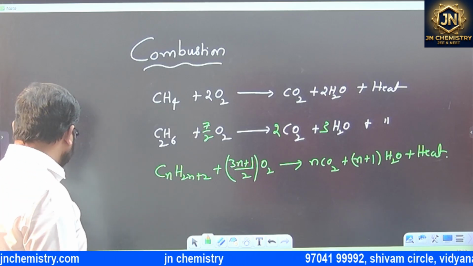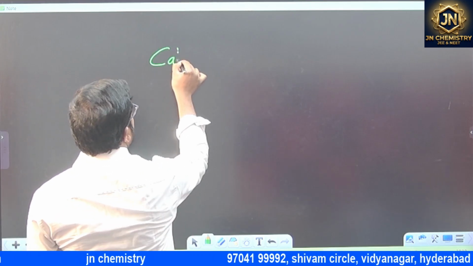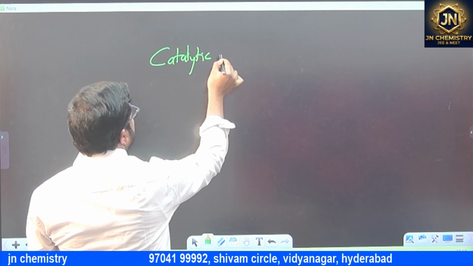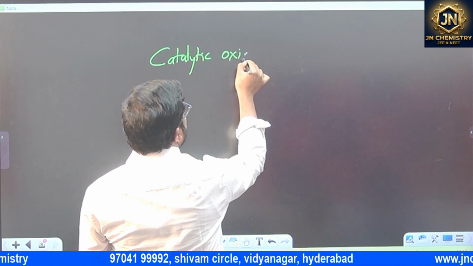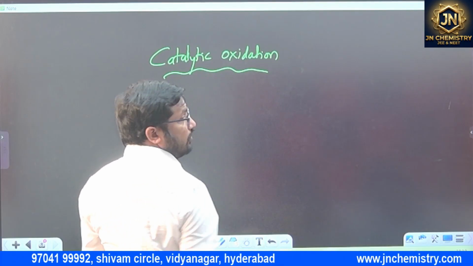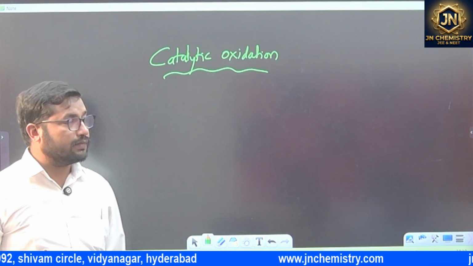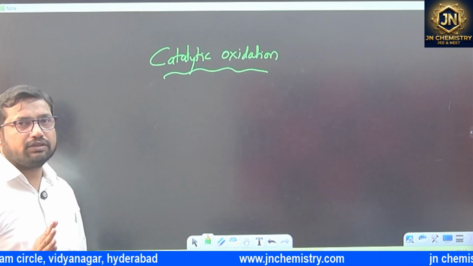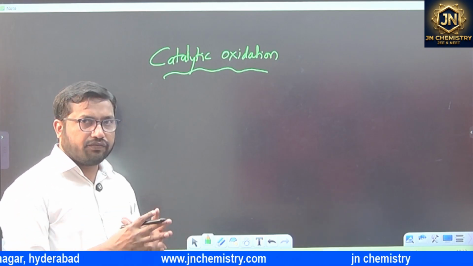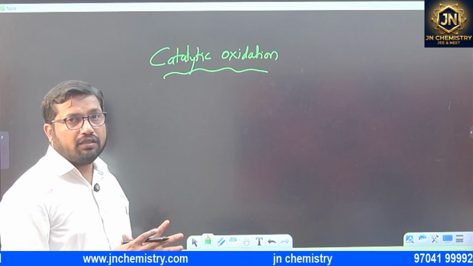Next, catalytic oxidation. I told you in combustion what exactly happens: more carbons, more combustion. Catalytic oxidation means controlled oxidation, particularly using a specific catalyst and specific conditions, so we get the desired product.